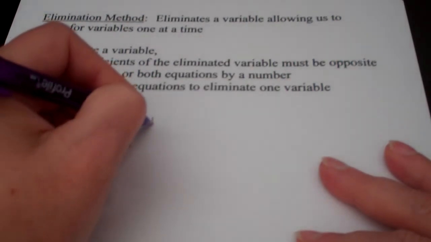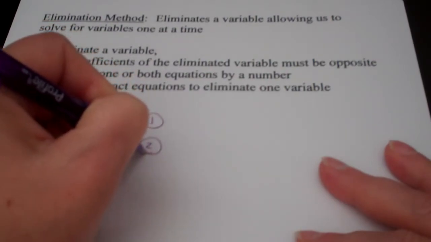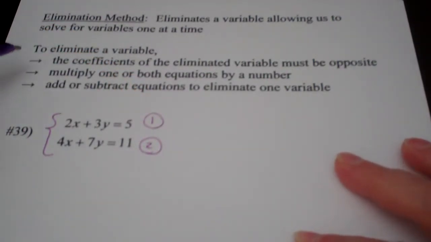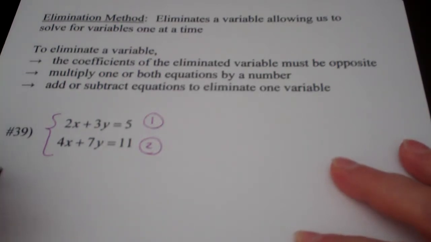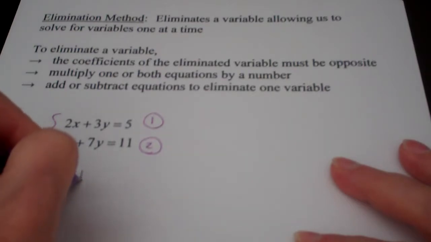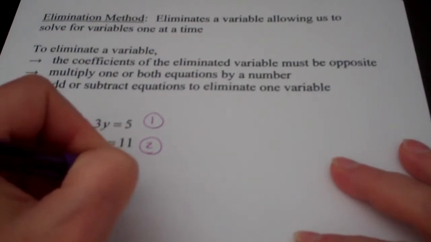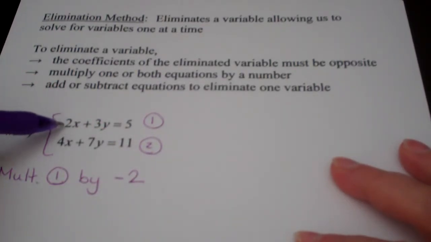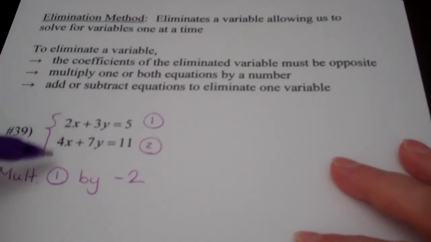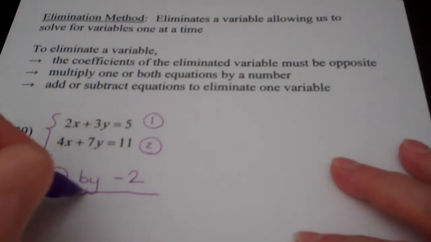Okay, so again, let's label these equation number 1 and equation number 2. So to set up our coefficients, we're going to multiply equation number 1 by -2, because I'd like for this to be a negative 4x and a positive 4x so that when I add them together, they go to 0 and the x's are eliminated.